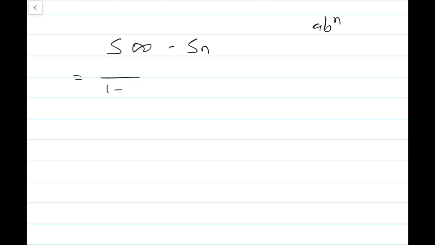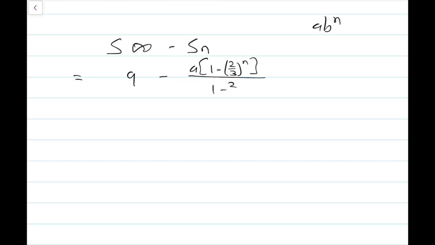You know that the sum to infinity is 9 minus Sn, which is A into 1 minus R, I think it's better to say 1 minus your 2 over 3 to the power of n, all over 1 minus 2 over 3.